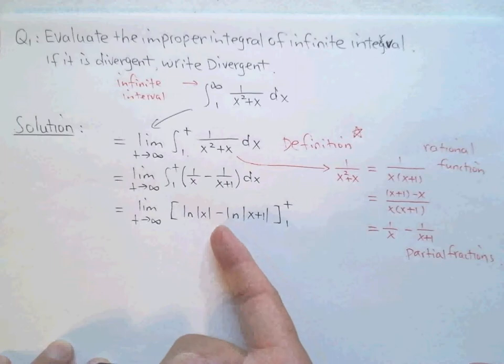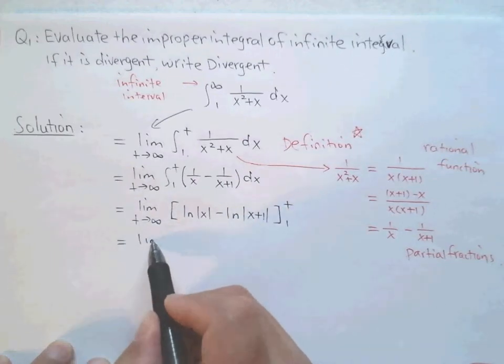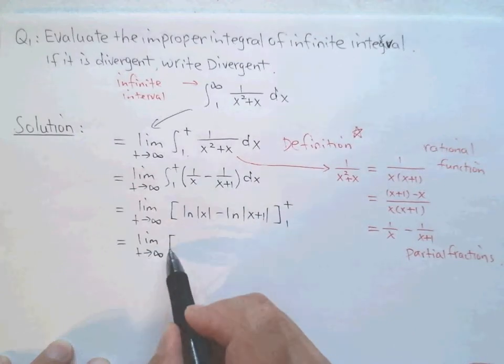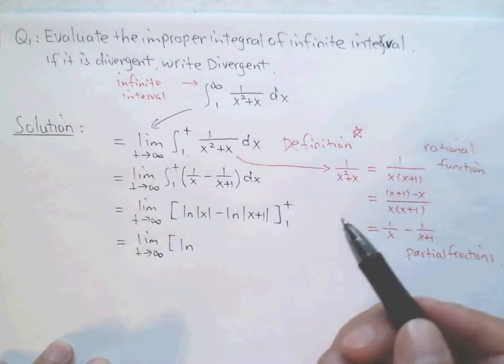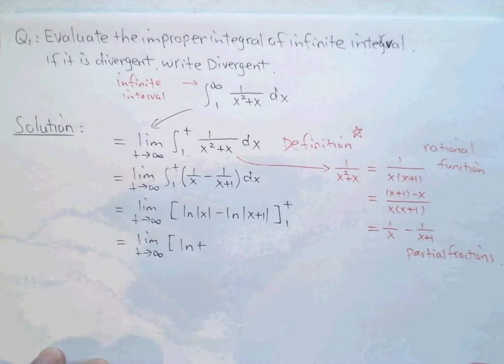One more step. This is the difference of the functions, which is ln. As t approaches infinity, t should be greater than 0, so I ignore the absolute value.